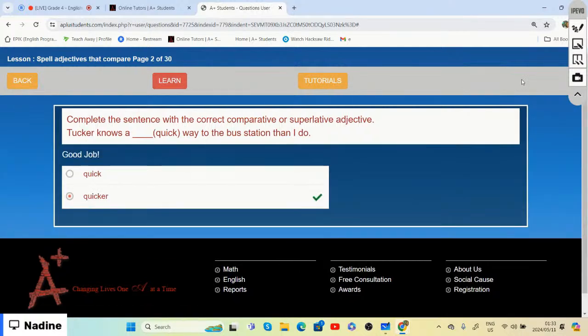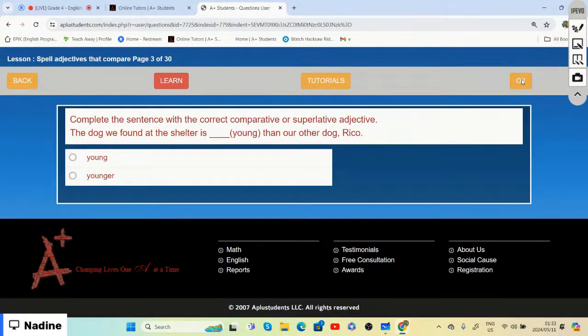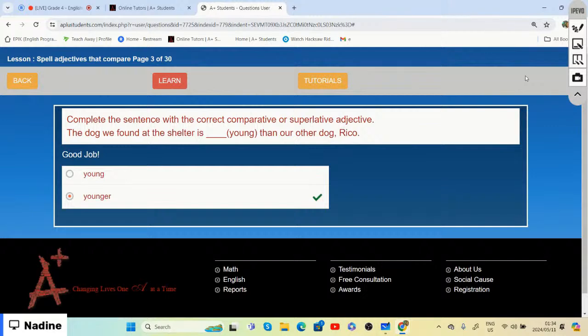Quicker. All right, so we can say the dog we found at the shelter is younger than our other dog, Rico. So it is younger.